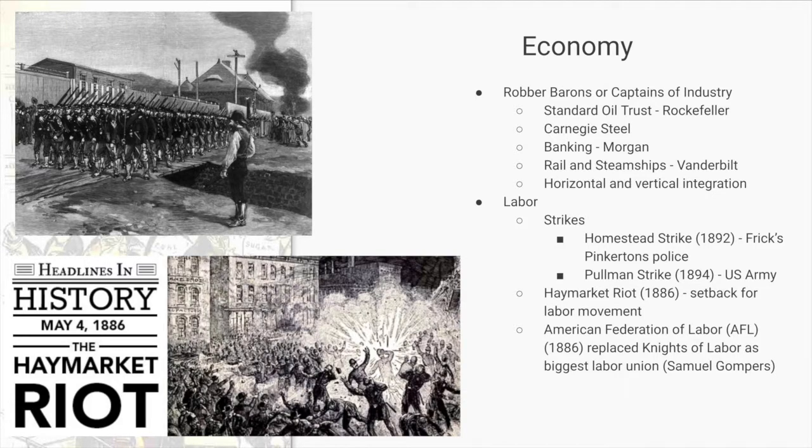You should also know we talked about the Knights of Labor in the last unit. They are really going to lose popularity at this time, and the American Federation of Labor, or AFL, is going to take their place. Now, it's led by Samuel Gompers, by the way, but the reason the AFL can gain so much power is because they allow unskilled workers, skilled workers, blacks, whites, women, whatever, right? They allow anybody into that union, so they gain a lot of power.